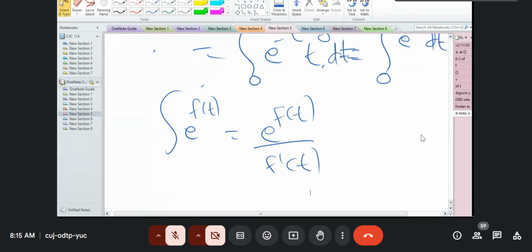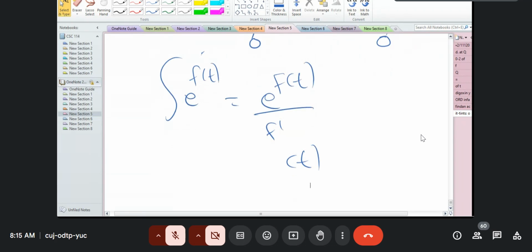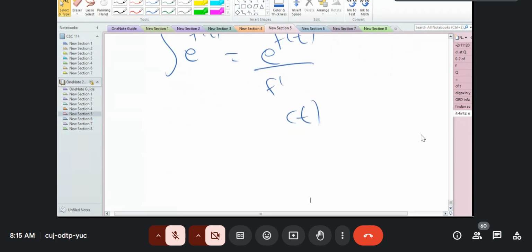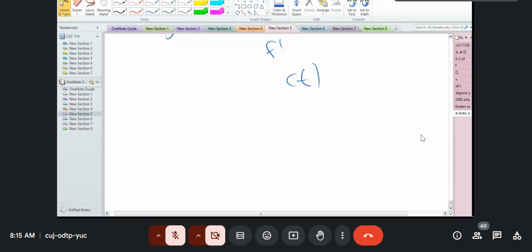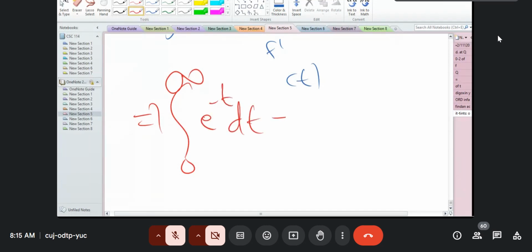In this case, our f of t is negative t. So you differentiate minus t with respect to t, you get minus 1. So the antiderivative of e minus t dt is e raised to minus t divided by negative 1. We are evaluating this between 0 and infinity.